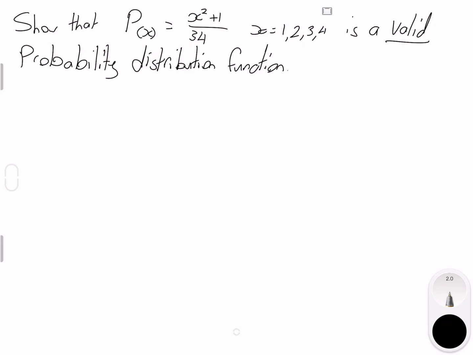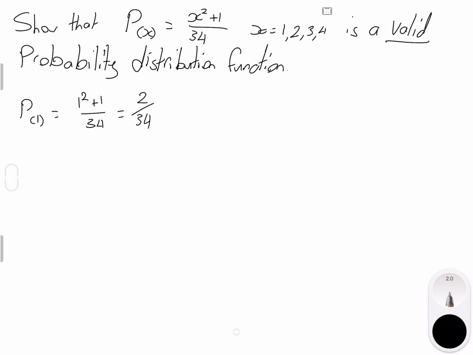Alright, so how are we going to prove this? Well, all we have to do is substitute in the values that we've been given for x and see if the answers all add up to 1. So let's have a look. We've got p of 1. So we've got 1 squared plus 1 over 34, which is just equal to 2 over 34.